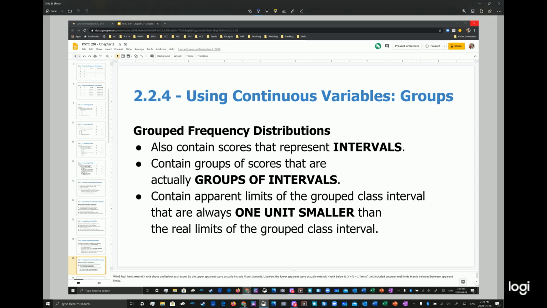So again, remember the group frequency distributions do represent intervals as well, and the groups of scores are now actually groups of intervals. And the last thing is that these apparent limits would always be 1 unit smaller than the real limits of the group class interval.